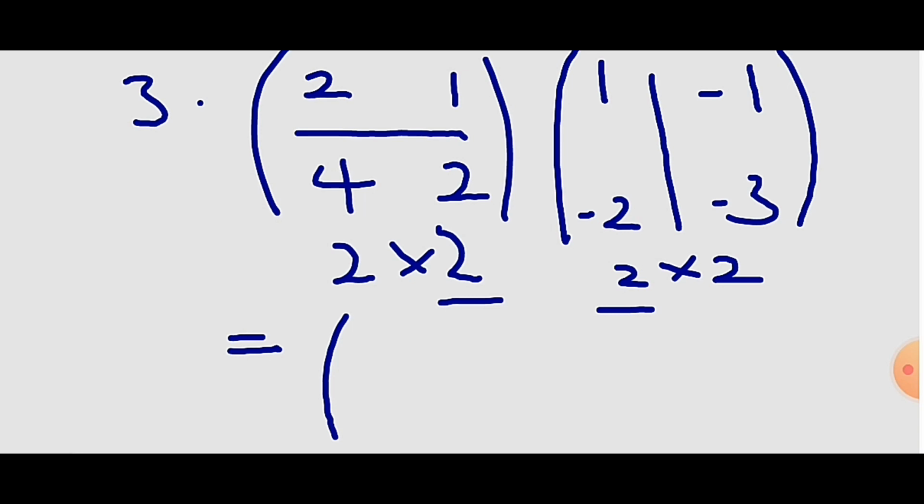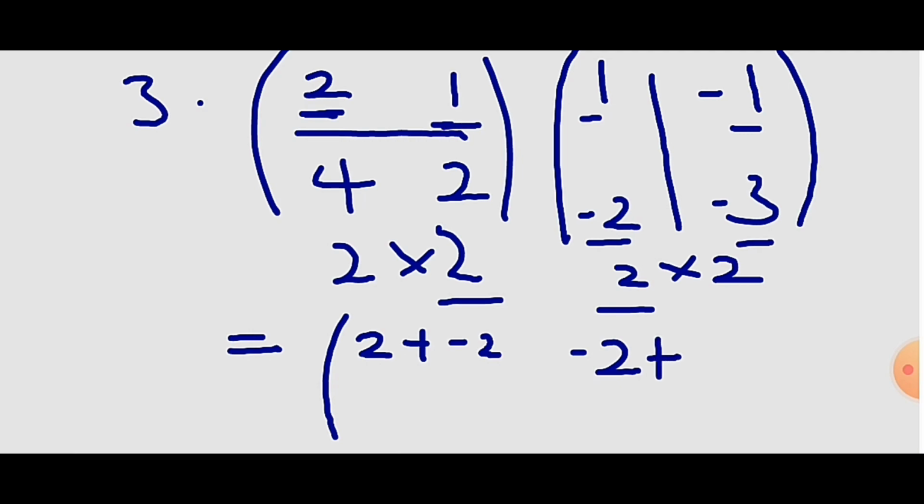So we shall start with the first row, first column. 2 times 1, we shall get 2 plus 1 times -2, that is -2. Then go to the last column. 2 times -1, that is -2, plus 1 times -3, that is -3.